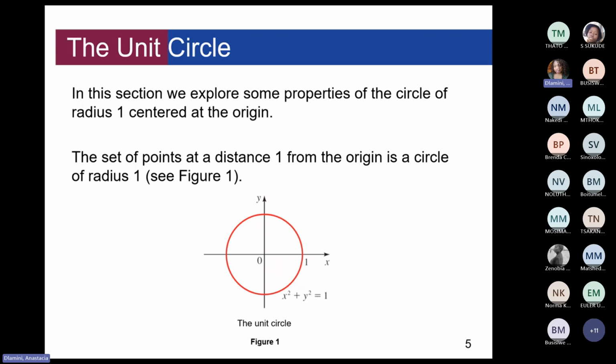How many people have calculators? Say 1, 2, 3, at least. So we have 3 people who have calculators. Now if you look at your calculator on top, is it written R or D?